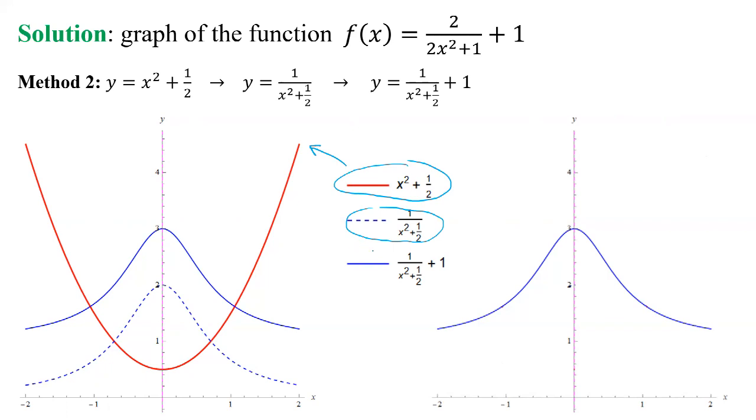So next, we can just translate the function of the dotted blue line up by 1 unit, which gives us the graph of f(x), right? This is our f(x). So you can choose either route to complete this task. Understand? All right, any questions?